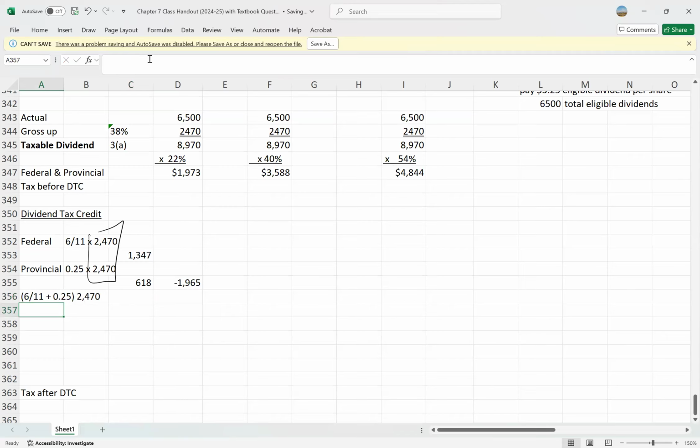So 6/11 is 0.5454 plus 0.25, you get about 0.7954545 times the 2,470. That will also give you 1,965 rounded, of course.